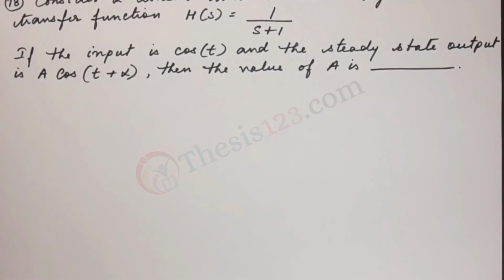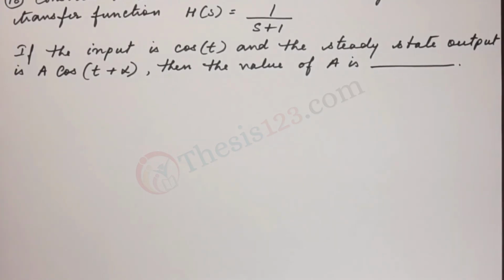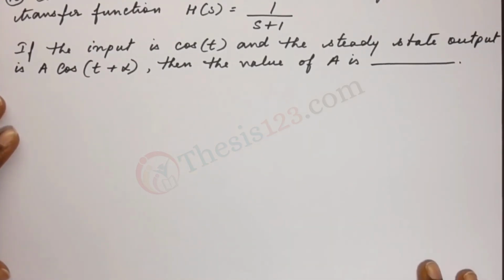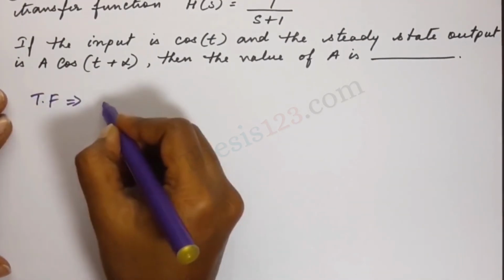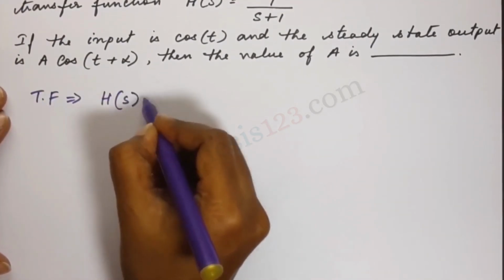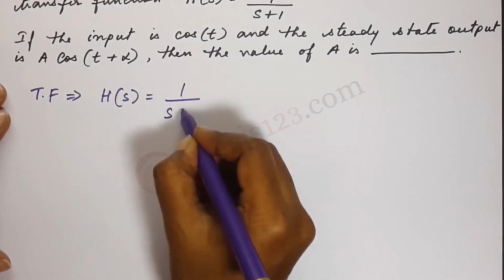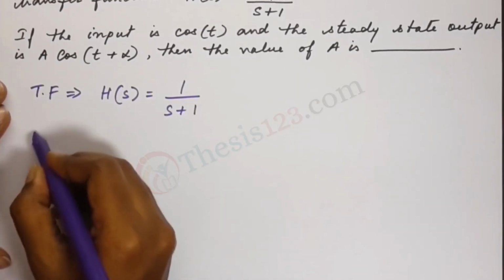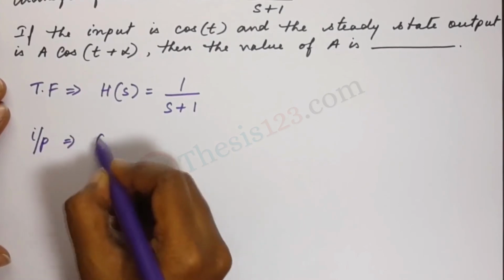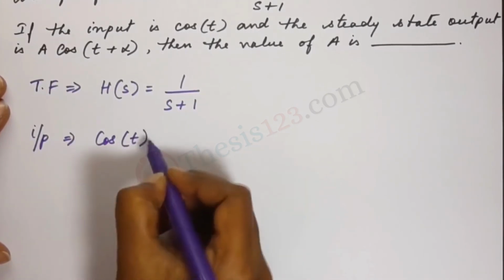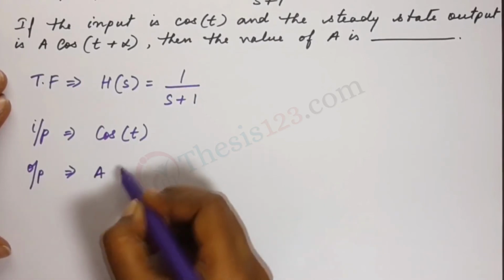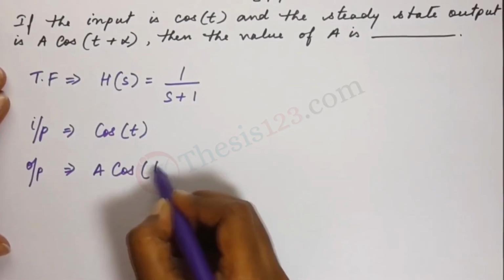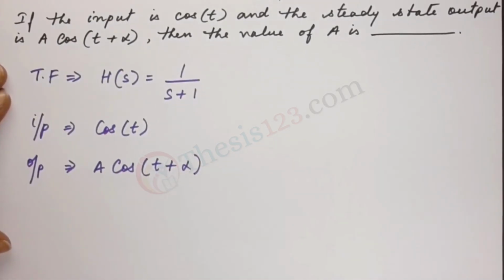Alright, so we have been given the transfer function of a certain system, h of s is equal to 1 by s plus 1. The input is given to us as cos t and the output is given as A cos t plus alpha.